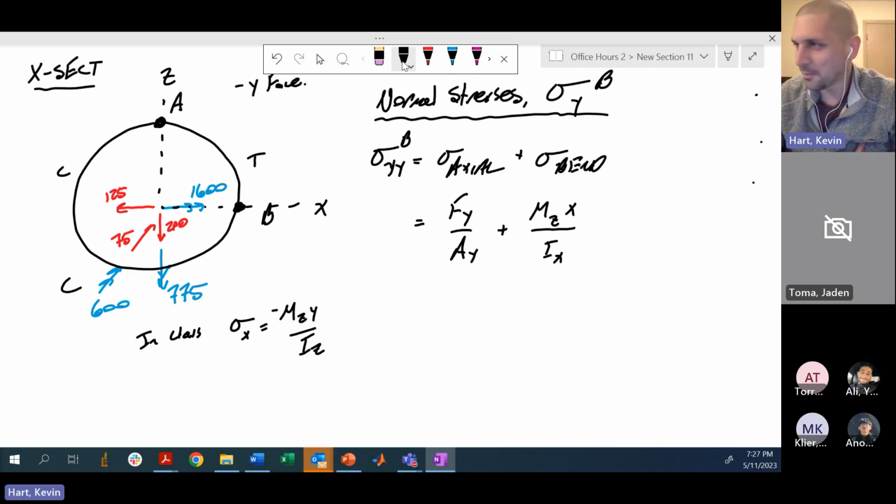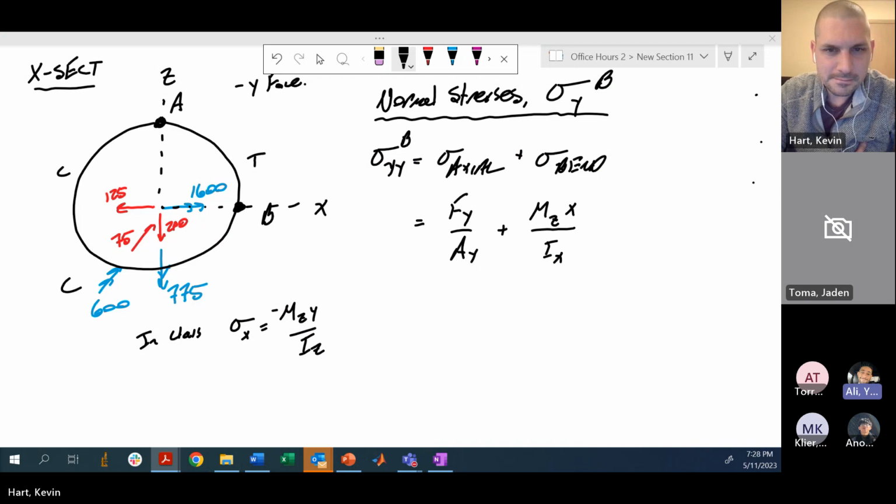Well, I'm just using the right-hand rule to give me the correct orientation of tension and compression. When I use the right-hand rule, I think I might have been having the same problem as the other student, where I'm aligning my thumb with the moment and then curling my fingers, and it's giving me the opposite. So I was wondering if that's because we're on the negative y face.